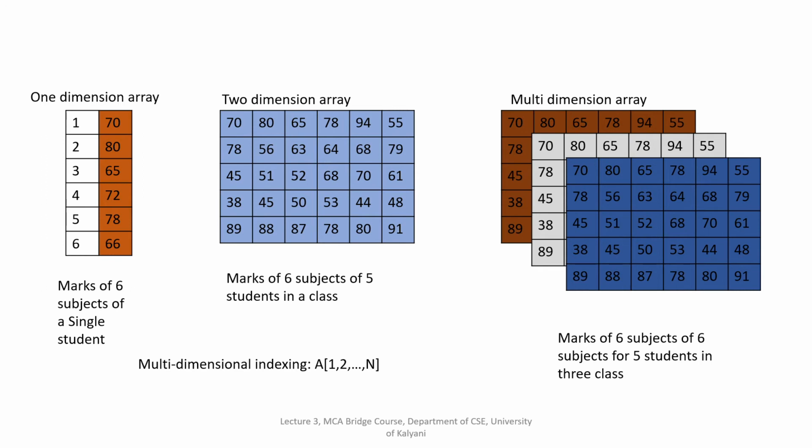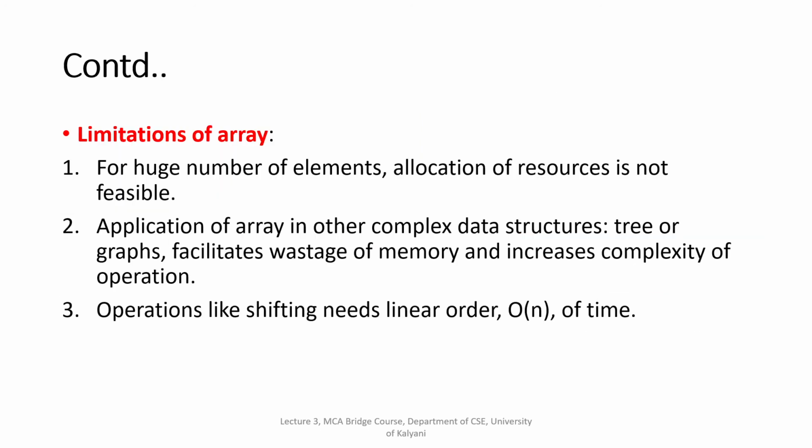So to indicate 78, we need to write in sequence: A, 3, and row ID is 2, column ID 1, so A(3, 2, 1). That is the way of indexing one-dimensional, two-dimensional and three-dimensional arrays.